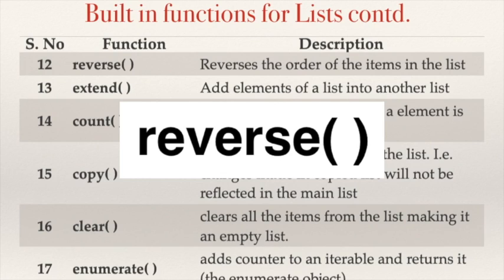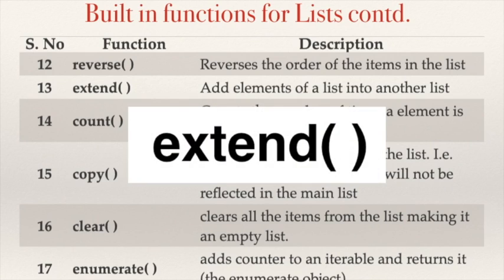The reverse function of the list object reverses the sequence of all elements present in the list. The extend function adds a new list to an existing list so as to generate a new extended list.